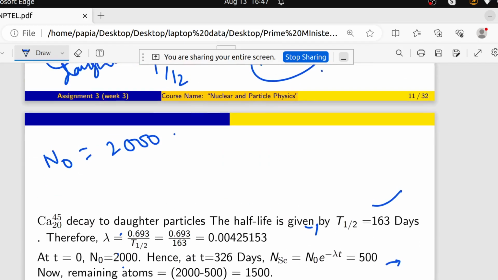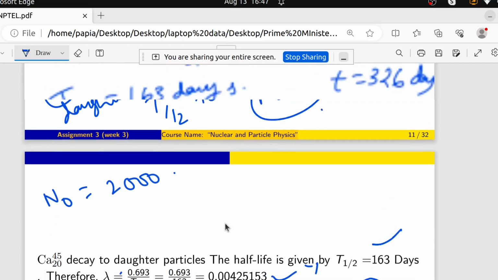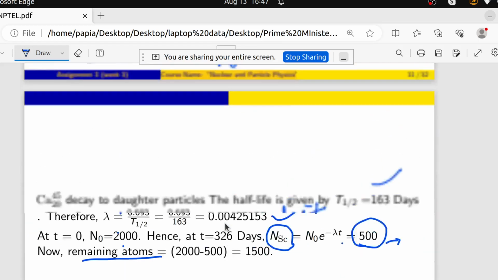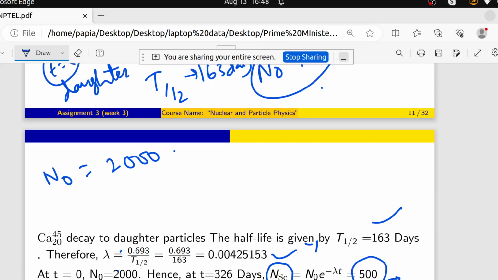So just putting all the values, lambda is this one, N0 is 2000, and at t equals 326, N is the daughter particle number of elements, N0 into e to the power minus lambda t. If I put all the values, it is coming as 500. Now they are asking about the parent atoms, the remaining atoms. So the parent atoms are 2000 minus 500, which is 1500.